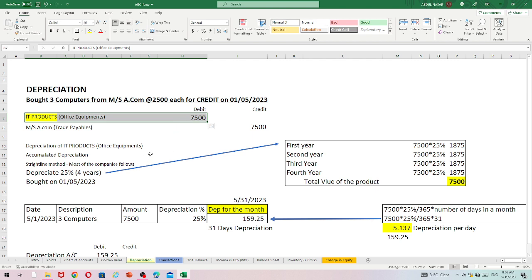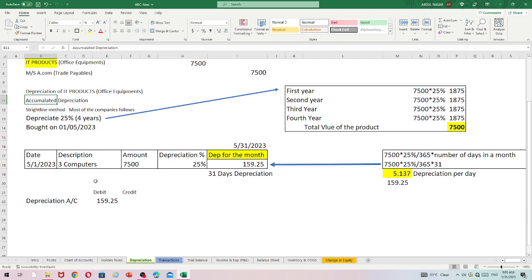But as per generally accepted accounting principles, whatever depreciation entry we are passing, we need to create an account in the balance sheet called accumulated depreciation. Accumulated depreciation will be credited.